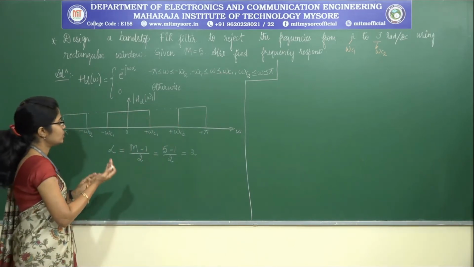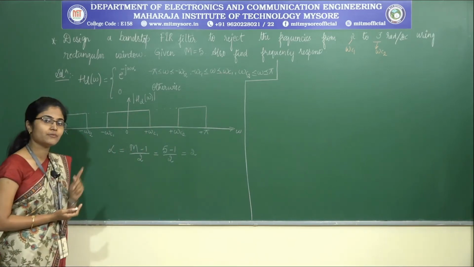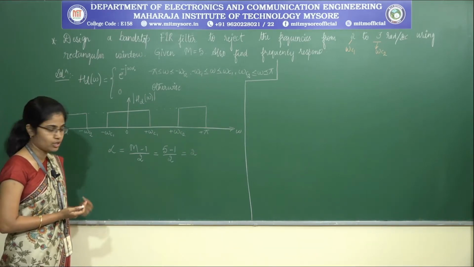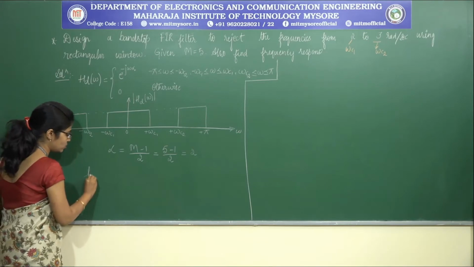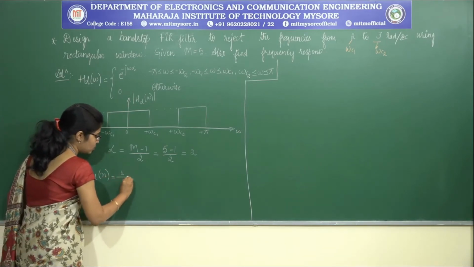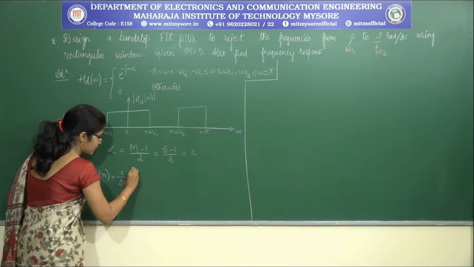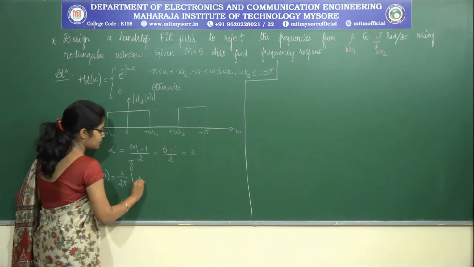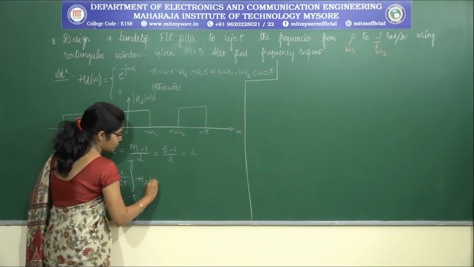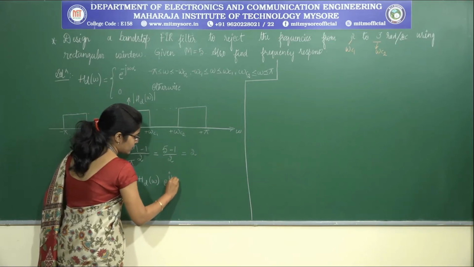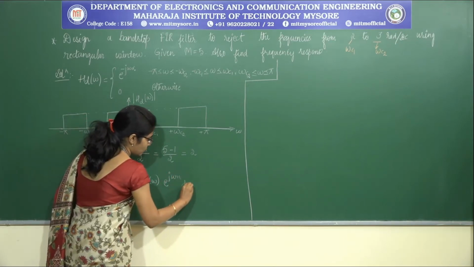Okay. So in order to do so, the first thing we need to do is find out hd of n. So we all know the standard equation for hd of n is equal to 1 divided by 2 pi, integral from minus pi to plus pi of Hd of omega into e power j omega n into d omega.